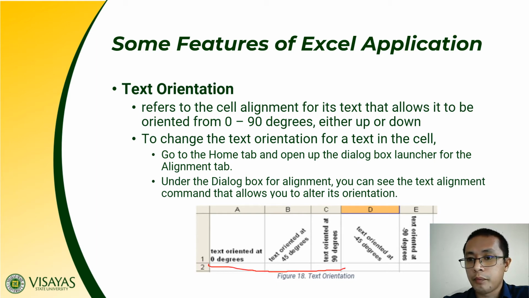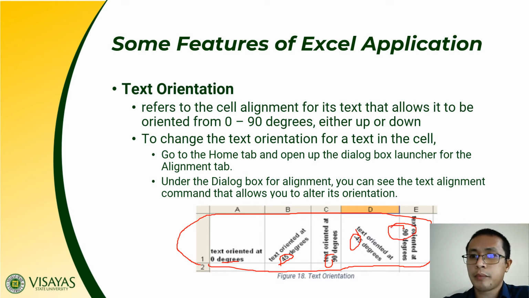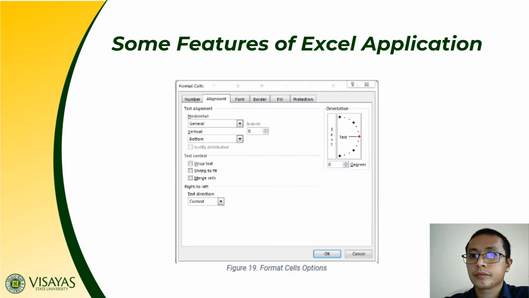These are some of the different text orientations that you can do. Text oriented at 0 degrees. You can also change the degree to which your text is to be oriented, like 45 degrees, 90 degrees, negative 45 degrees, and negative 90 degrees. Depending on your needs, you can set the degrees in which your text should be oriented. These are the options for your text orientation.